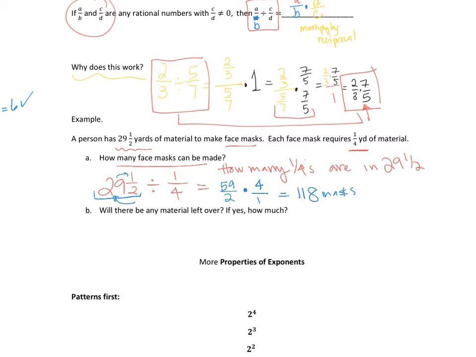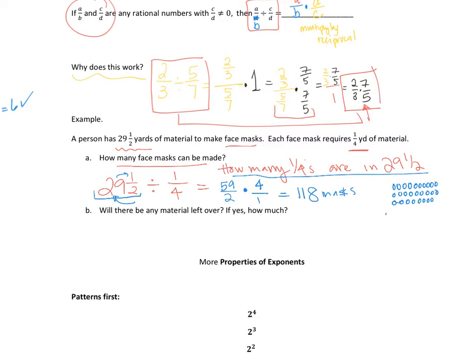Now, just to see how this still fits with the picture, it's saying how many 1/4 are in 29.5. Like if you actually drew, I'm going to draw this really fast. So I have 20 right here, and then I'm going to have 29. So there's 29.